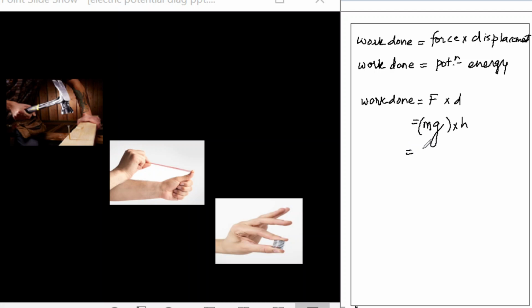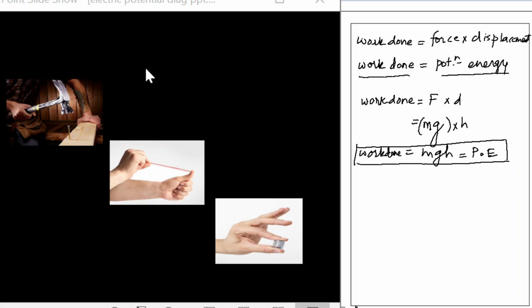So it is equal to mgh, and this is called work done, and this much work done is stored in the form of potential energy. So work done is nothing but potential energy, so the formula of potential energy is equal to mgh. With a simple example we can understand what is potential energy.